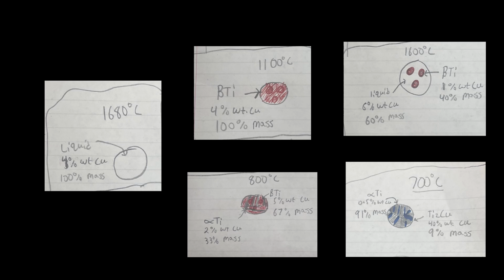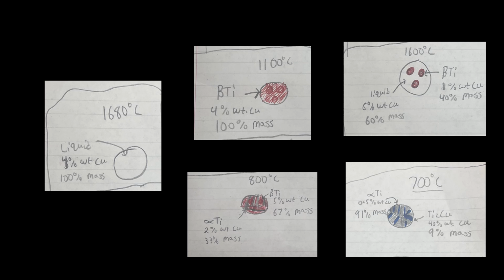And once we calculated the masses, we got 60% mass for liquid and 40% mass for beta. Next, we drop down to 1100 degrees Celsius, where we're just in the beta titanium phase. So this is just 4% weight copper, as it's just on the red line, and it's 100% mass.